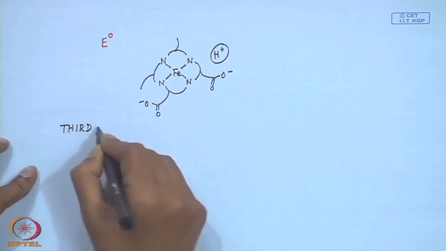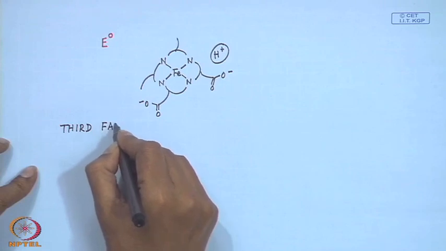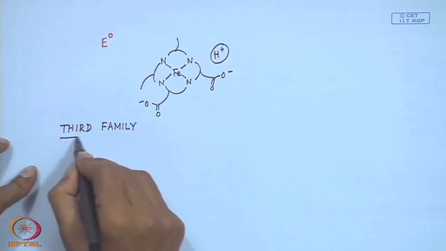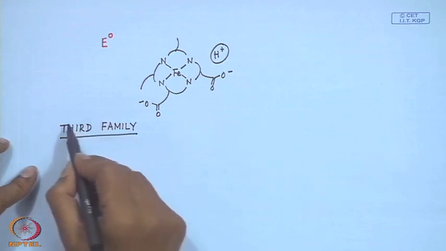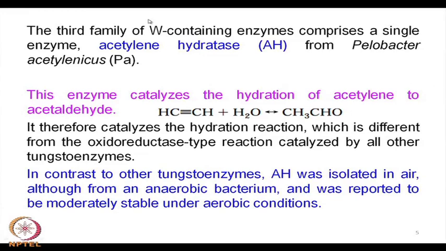So, this third family of these tungsten bearing enzymes is a very interesting type of enzyme which is known as acetylene hydratase from Pelobacter acetylenicus.